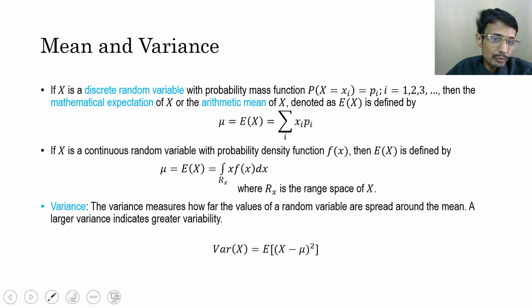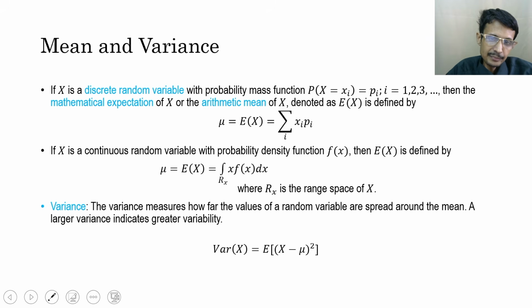And what is variance? Variance basically measures how far the values of the random variable are spread around the mean, how far they are from the mean. A larger variance indicates greater variability. So the variance of x is the expectation of x minus the mean, whole square. So we take the distance of the random variable from the mean, and take a square of this distance.